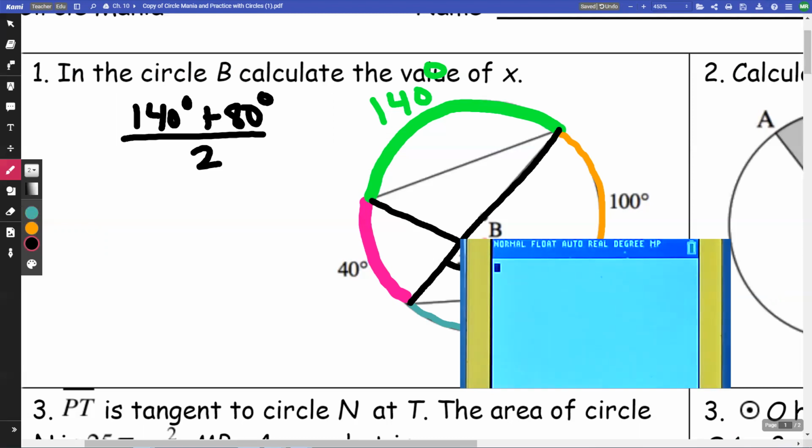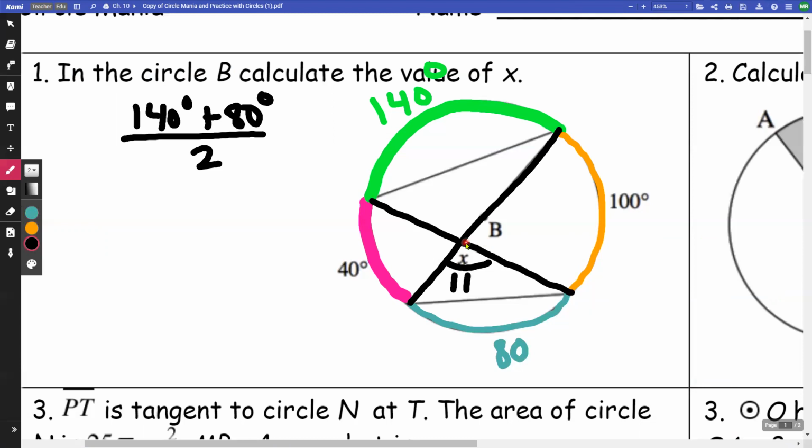So we are going to take 140 plus 80, which is 220 divided by 2, and we get 110 degrees. So X equals 110 degrees.